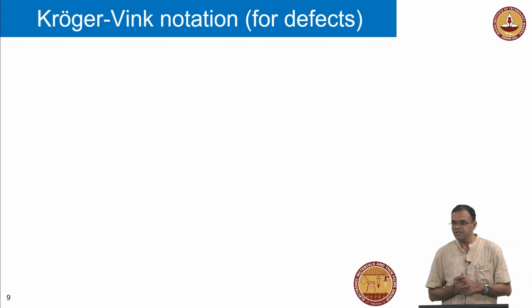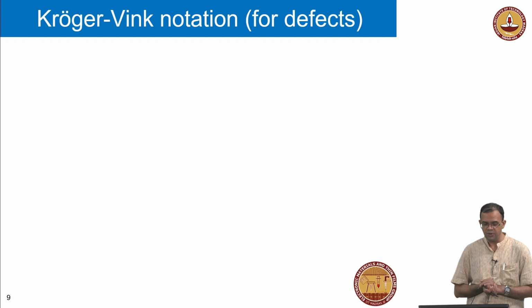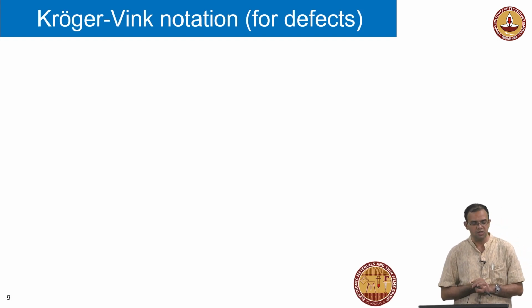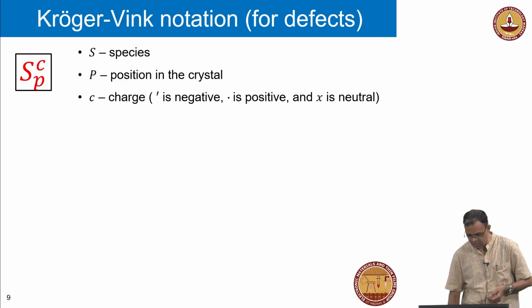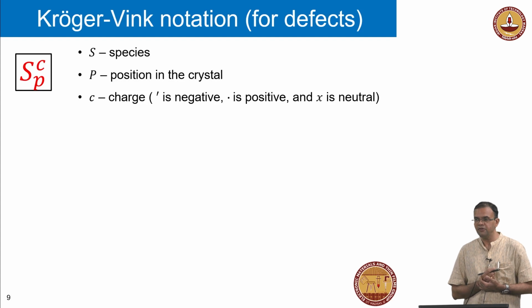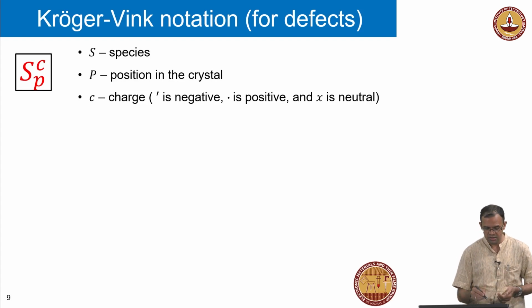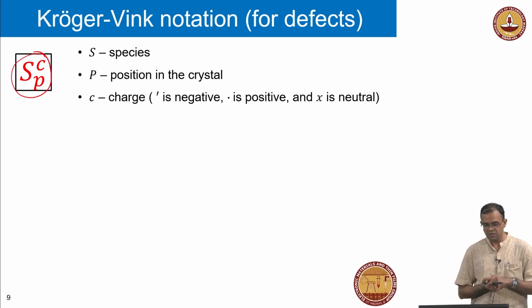So normally when it comes to defects, there is a very standard notation that people use to denote them, and this is the Kroger-Vink notation, and this is something that you will come across in multiple textbooks and papers when people talk about defects. So the Kroger-Vink notation essentially is, I have S that stands for species, P stands for position in the crystal, and C stands for charge.